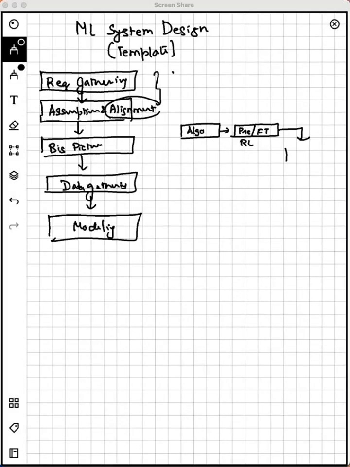When we are training it, what is the loss that we are training it with? Once we have trained it, how are we evaluating it? Is there any baseline for me to evaluate with? And all of those things, right?